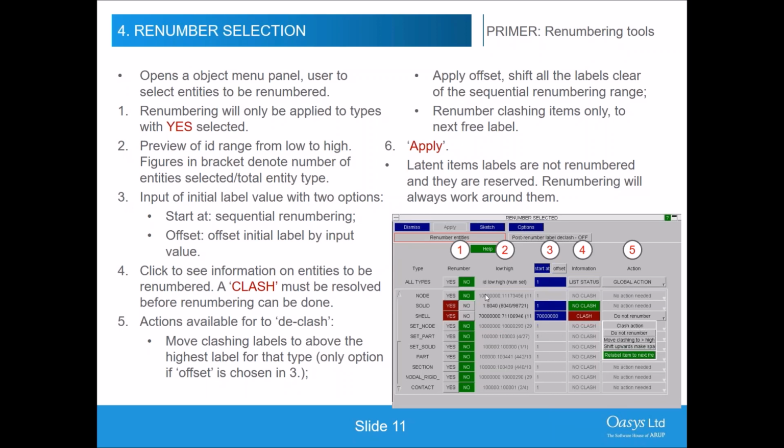Again, this is similar to what we've seen before. This would be the current ID, and once you put in a value in the blue box, which is the initial label, then you would be able to see the changes, so the target. And in brackets there, you've got the number of elements or nodes selected out of how many in total in the model.